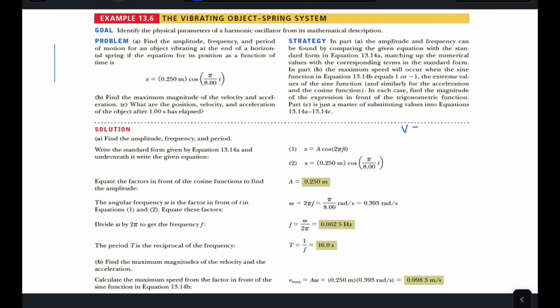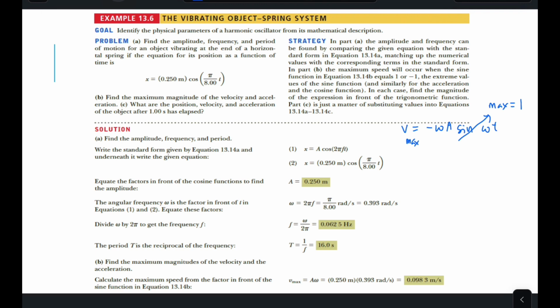Since this is cos for x, for the v we're going to have negative A omega sine omega t. From here the maximum value of v will be achieved when the sine function becomes maximum. The maximum of sine omega t is equal to 1. Cos or sine, the maximum value of that function is 1.0.